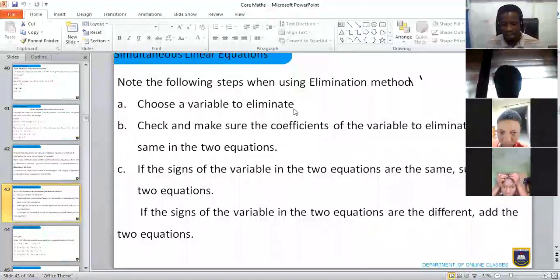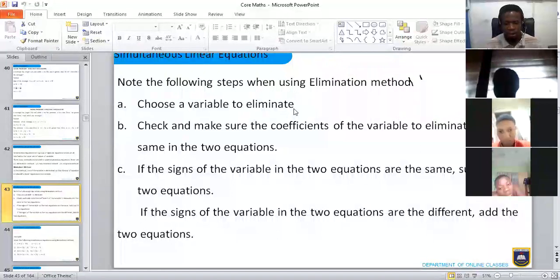We check whether their signs are the same. If it is positive in both equations, still we subtract. But if the signs of the variable in the two equations are different, add the two equations. If x is negative in one equation and positive in the other, then we add the two equations.